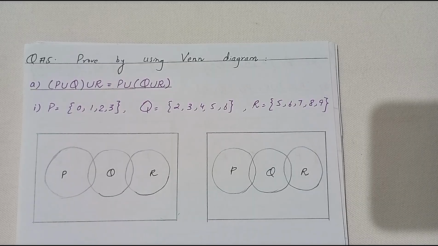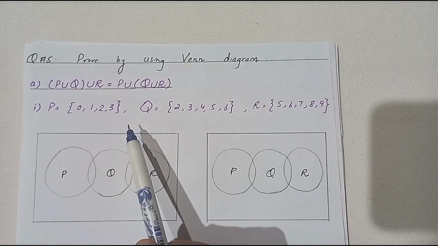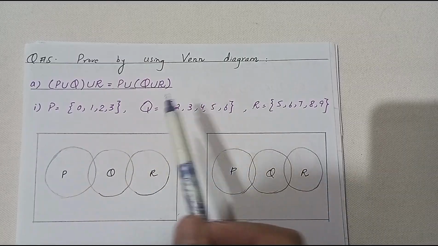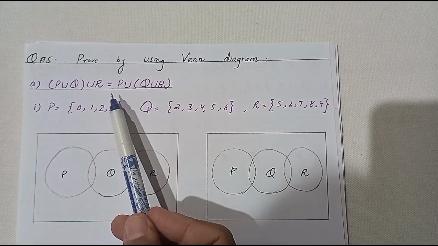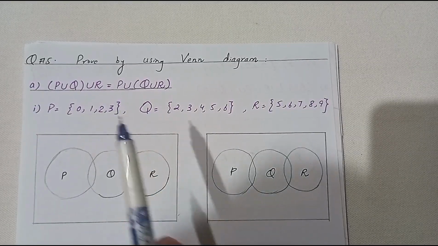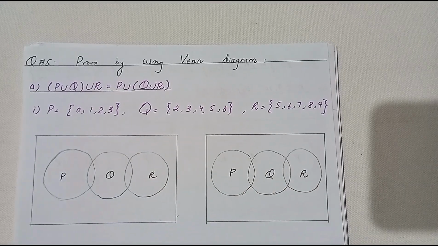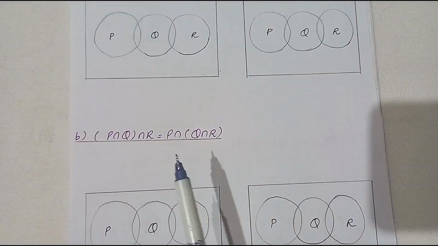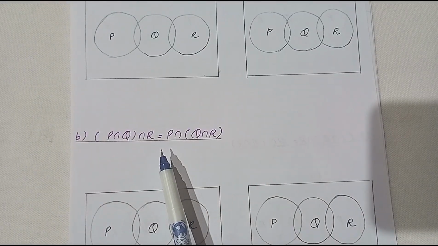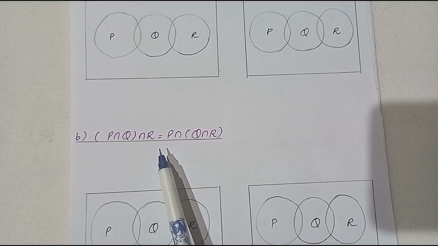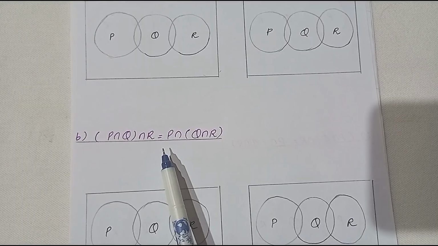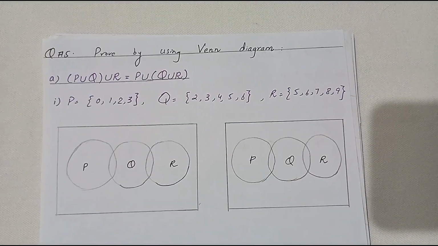So we start question number 1 by considering the first part elements of P, Q, R, and we have to prove this associative property of union on these parts, and then prove the associative law of intersection on these parts.